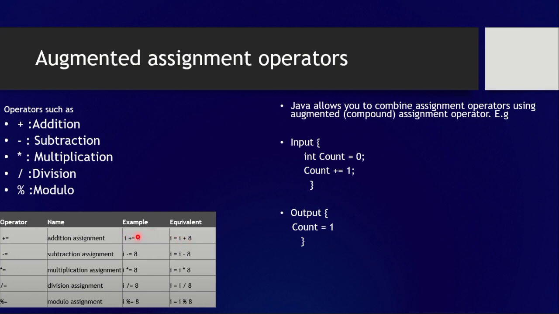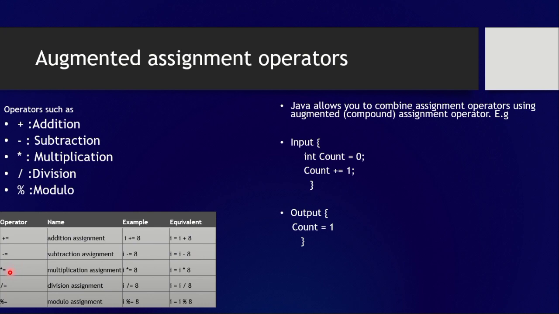So you have added the value of I to 8, and then that new value will be assigned to I, meaning the value will change. Same thing as the subtraction assignment operator. If I is 1, and then you say I minus equal to 8, you're basically saying I is going to be equal to 1 minus 8, which is going to be negative 7, right?